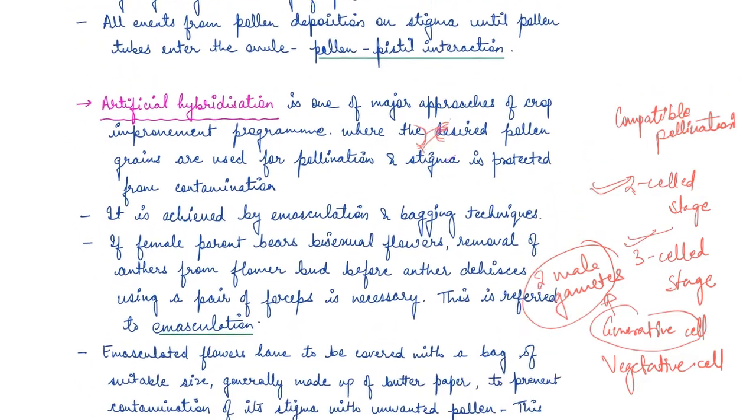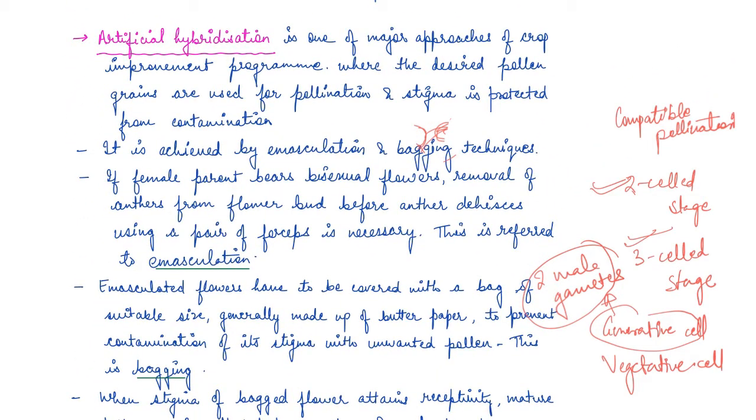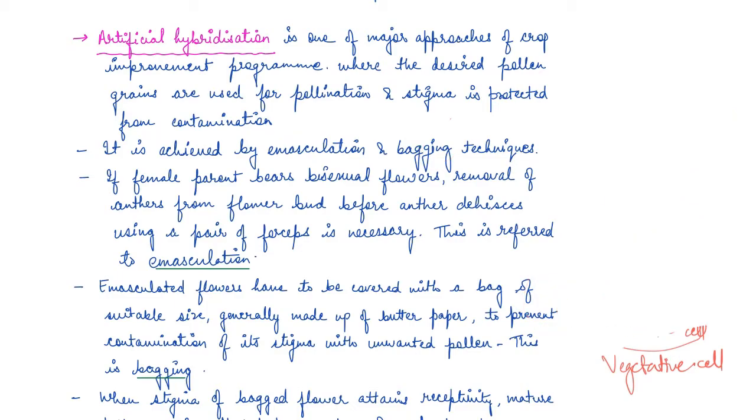Okay, so this is basically the pollen-pistil interaction. The next topic is artificial hybridization. Artificial hybridization is one of the major approaches in crop improvement programs. In such cases, the desired pollen grains are used for pollination, and before that the stigma is protected from contamination, from any unwanted pollen.